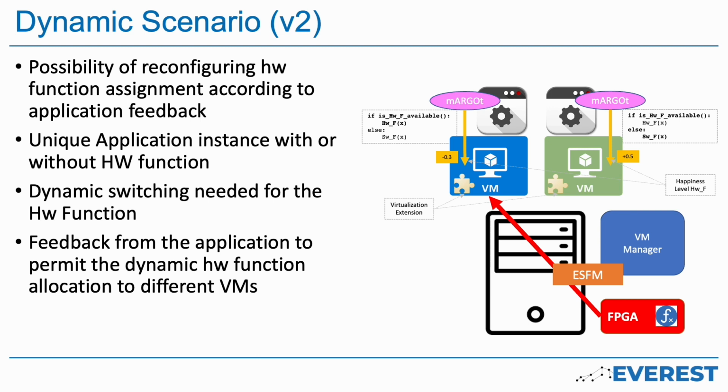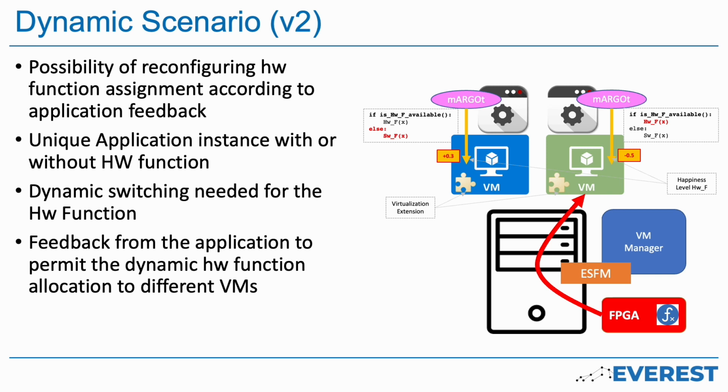The virtual machine manager, knowing the happiness value for all the running applications, solves a simple optimization problem and decides if there is the need of reconfiguring where the hardware function is attached. So, if moving the hardware function from the virtual machine blue to the virtual machine green.